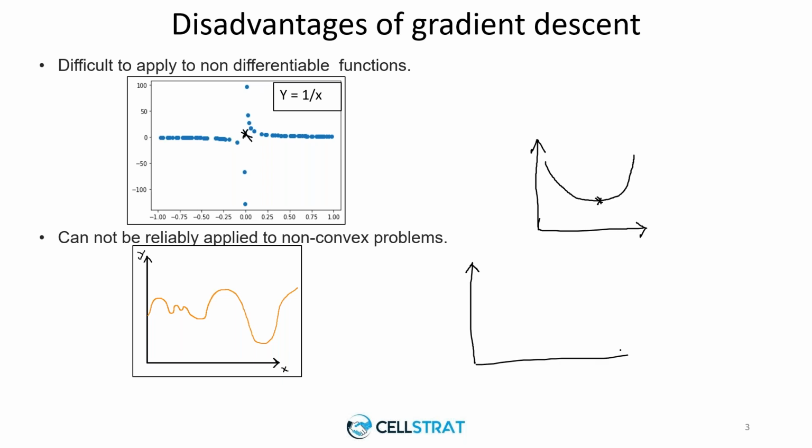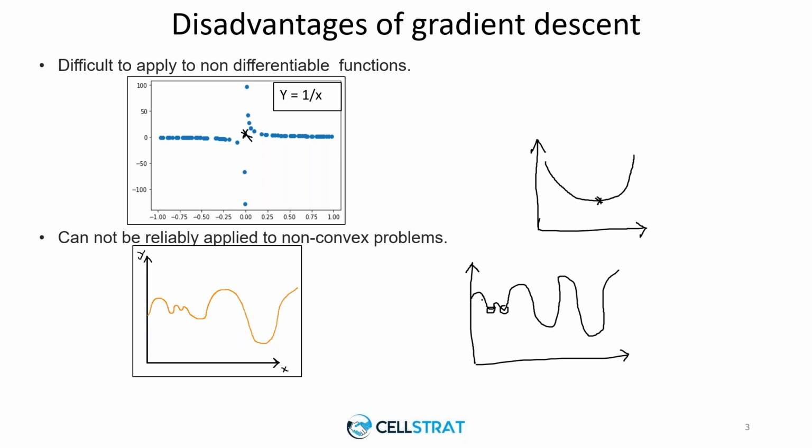So what is the problem with these shapes? If I draw something like this, what happens is that the model or the optimization algorithm gets stuck at these points, which are called local minima.